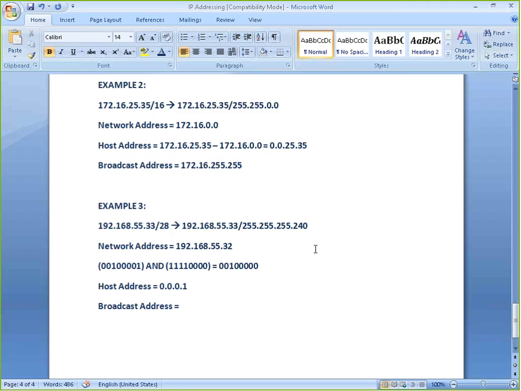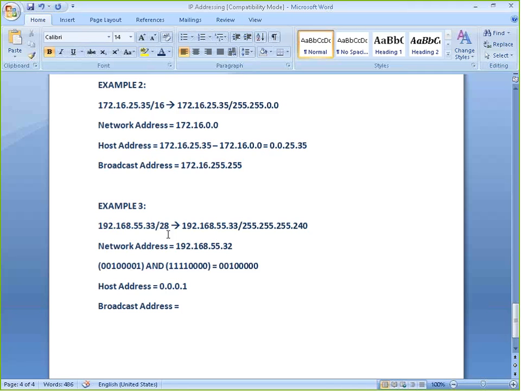That is what you're supposed to tell me now. No, it's not 24 network bits and 8 host bits. Look at the example.